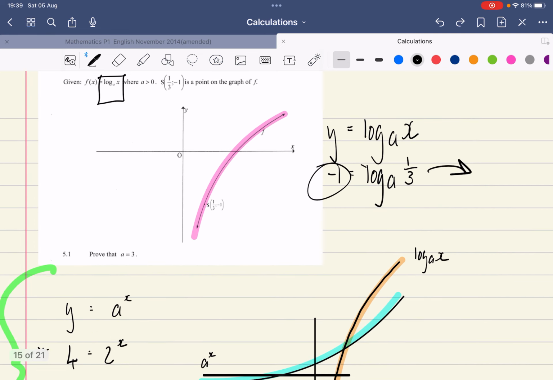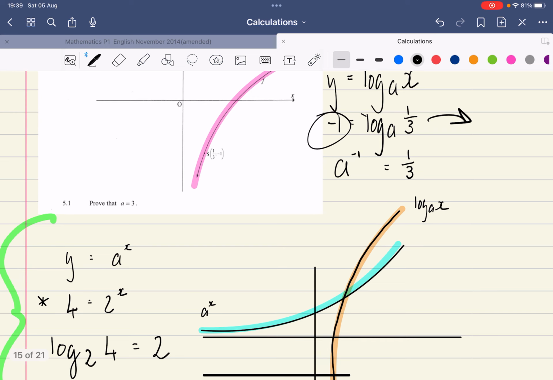Well, remember, we always deal with a base and an answer. So the base here in this case for its exponential graph would be a, its answer would be a third, and the value we're trying to find would be the exponent that a is raised to, which is minus 1.